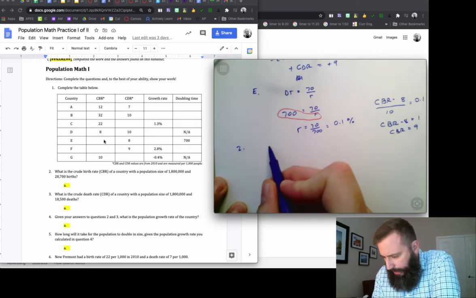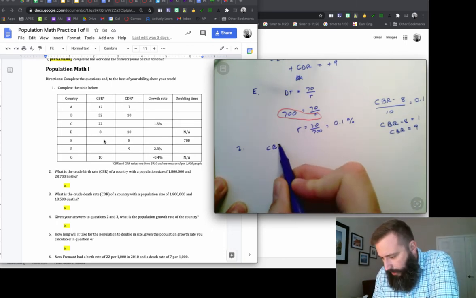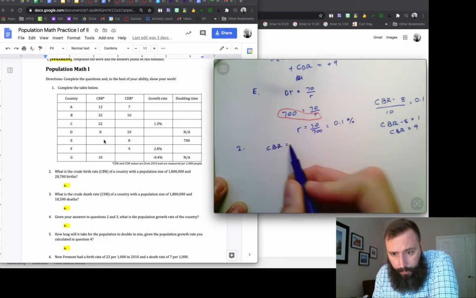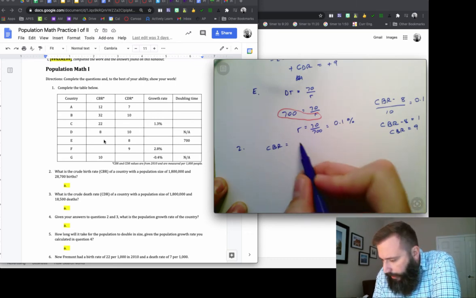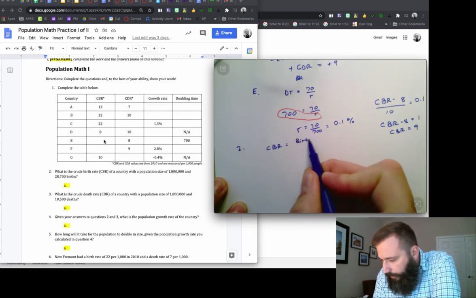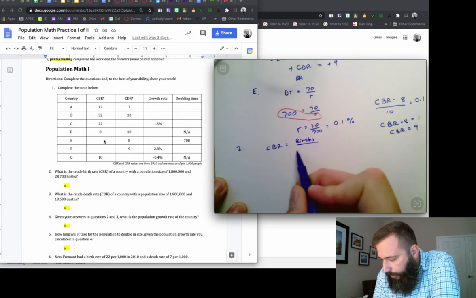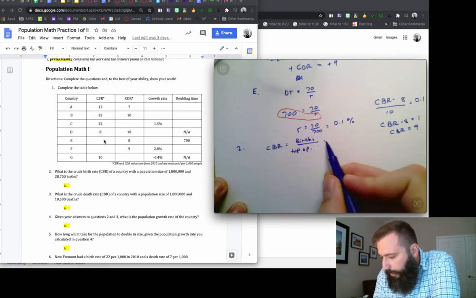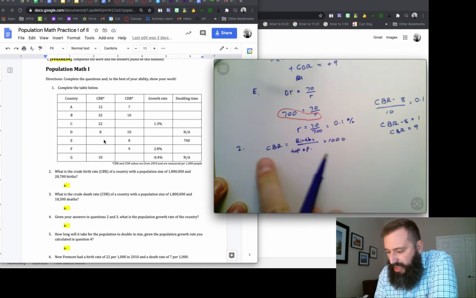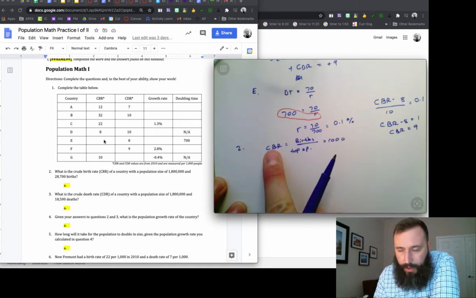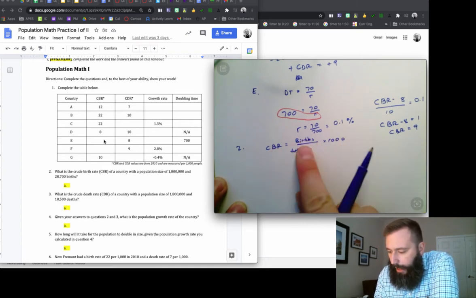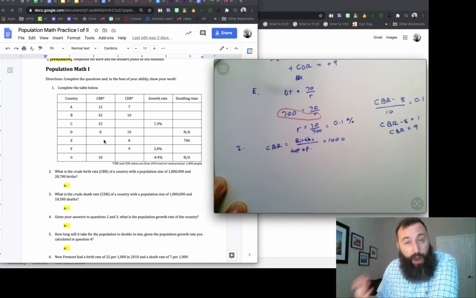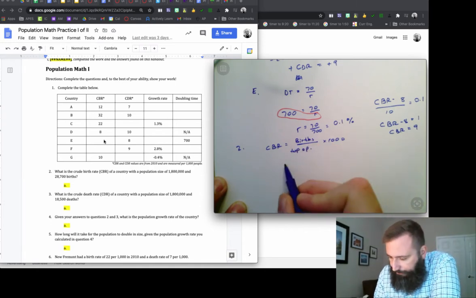All right, so I know that CBR is equal to the births over the total pop. And then we're going to multiply that by 1,000. Remember, CBR, to standardize these numbers, we're going to multiply that fraction here by 1,000 to make it out of 1,000 individuals, right?